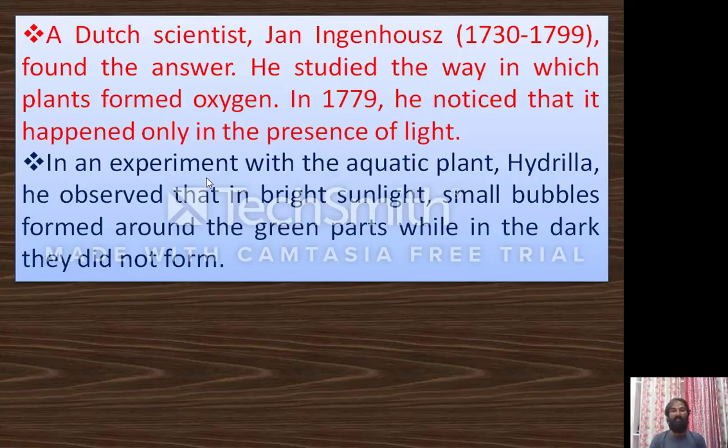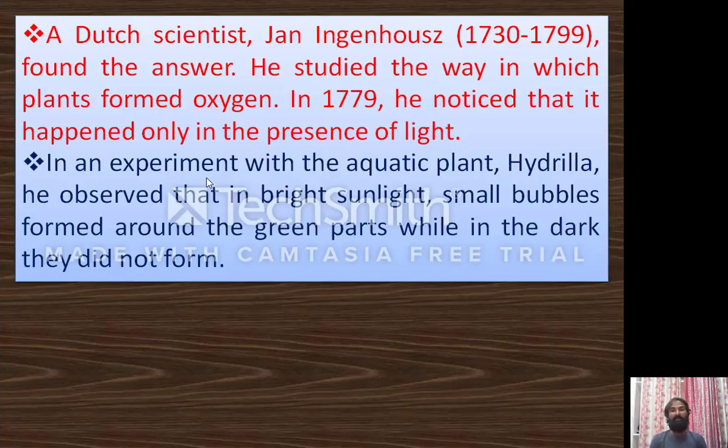He observed the Hydrilla and Elodea plants in bright sunlight. When he observed them in bright sunlight, small bubbles formed around the green parts of the Hydrilla and Elodea plants. But in the dark condition, small bubbles were not formed near the green parts.